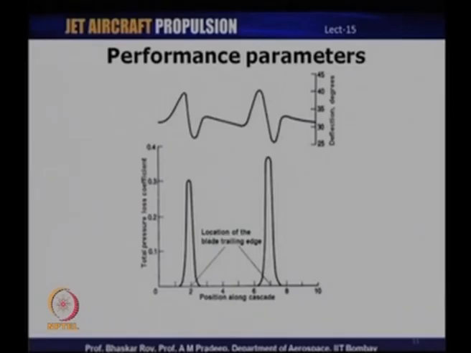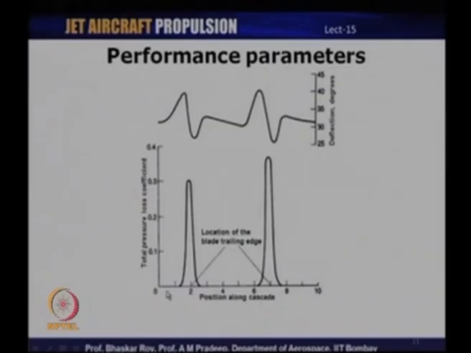At these locations, there is also a significant change in the deflection at the trailing edge, which means that the flow is exiting the blade trailing edge at a slightly different angle than the blade angle at the trailing edge itself.